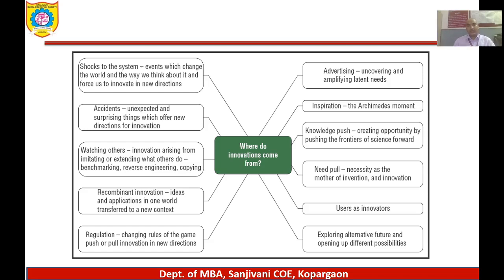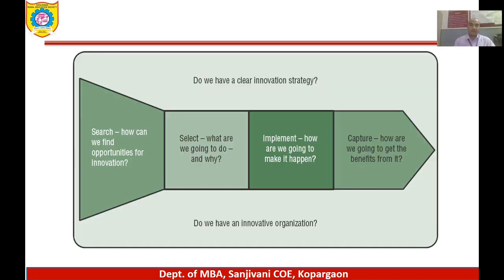Then you need a pull strategy, where necessity is the mother of innovation or invention, and the users, the people who are using the services of the organizations, can also be the innovators, and exploring alternative futures and openings of different possibilities. So these are all the things which help us to innovate. These are some of the places from where innovation comes.